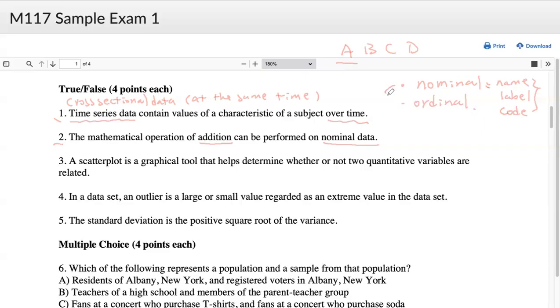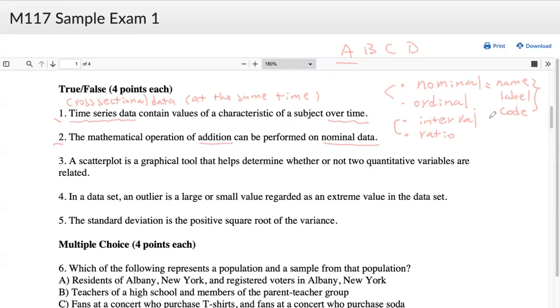Both of these are qualitative or categorical data. We cannot perform addition. Then we have interval and ratio, the highest one. Those two are numerical or quantitative data.